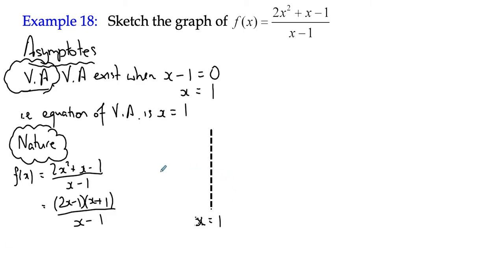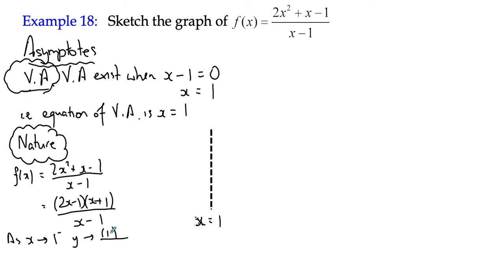And what we want to check is what happens as x tends to just less than 1, just a value less than 1. What happens to y? Well, what happens on the top, say 0.9 for instance. Then in the first bracket, 2x minus 1, double 0.9 minus 1 is going to be a positive value.